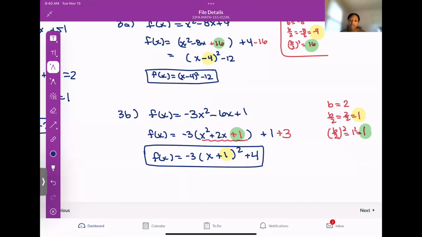That plus 1 tells us that h is negative 1, and then plus 4 tells us that k equals 4. So the vertex is negative 1 comma 4. And for 3a, we had x minus 4 squared minus 12. So h is 4, k is negative 12, and the vertex is 4 comma negative 12.